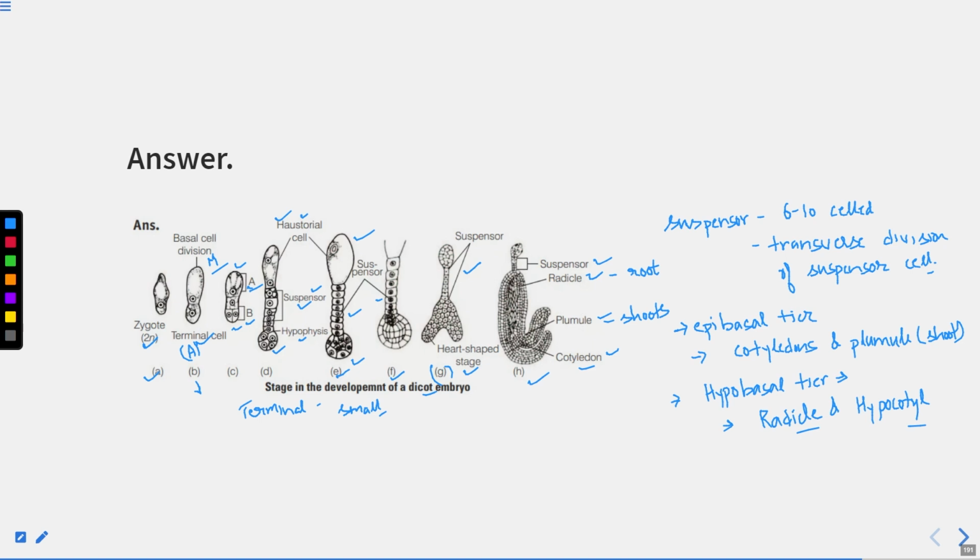First, here is the zygote. Zygote divides into a suspensor cell and the terminal cell.